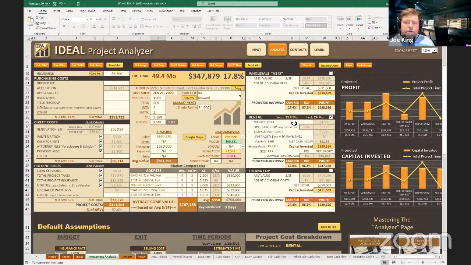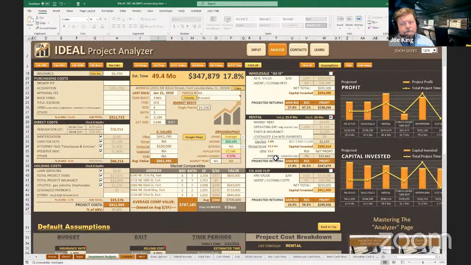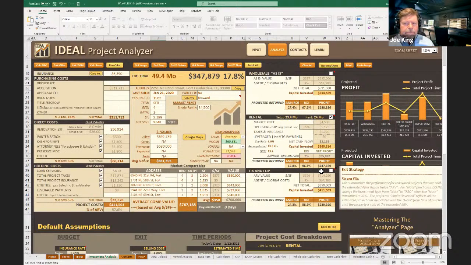And what we're doing here is looking at this from the standpoint of renting it for 24 months and then selling it. You can rent it for as long as you want, but this scenario tells us that we're going to purchase the note, and it's going to take us 25.4 months to get this note to the point where we can rent it. Once we rent it, we're going to rent it for 24 months, and then we're going to sell it.